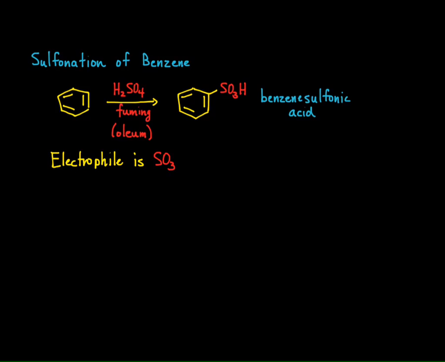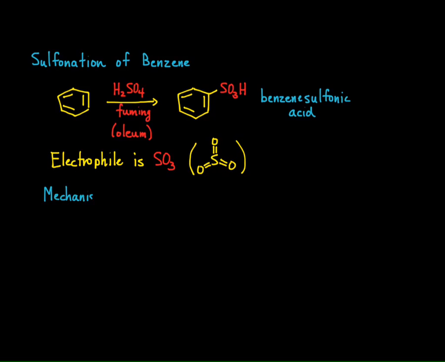And so one of the difficulties is understanding what the electrophile is at times. With this particular reaction, the electrophile is sulfur trioxide. The structure of sulfur trioxide looks like this. It's in essence dehydrated sulfuric acid. If you think about sulfuric acid losing water, you get sulfur trioxide. And this is the particular electrophile.